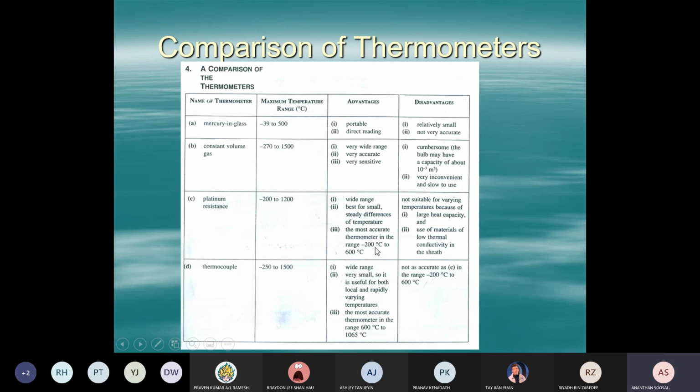It's the most accurate thermometer in the range of less than 600 degrees Celsius, but of course it doesn't beat the constant volume gas thermometer. Disadvantage: not suitable for varying temperature. Why? Because it has a large heat capacity. It takes lots of time to achieve thermal equilibrium, because you need to take out lots of energy from the body you want to measure the temperature of. Use a material of low thermal conductivity as shield.